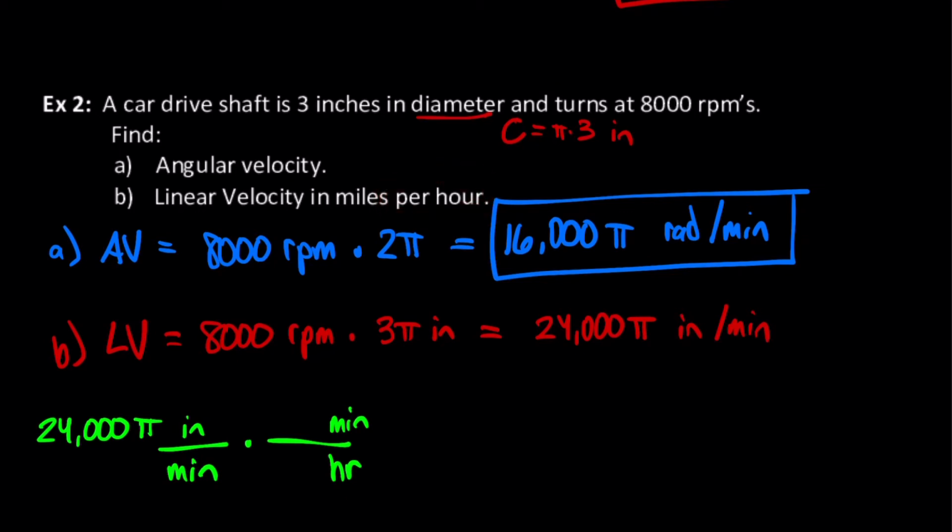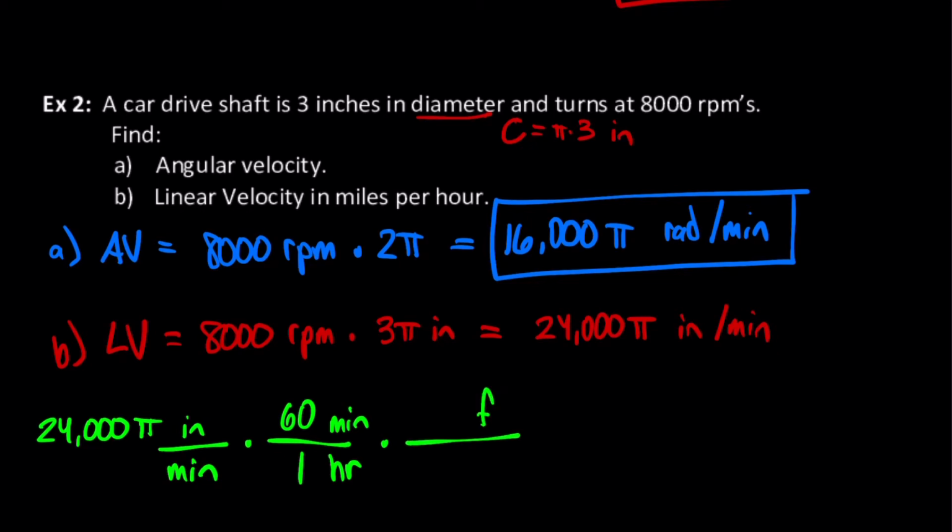Okay, well, how many minutes are in 1 hour? That's 60 to 1. So this would be a 60 here, and that'd be a 1 there. So now this would be, because the minutes cancel, inches per hour. Now I need to convert from inches to miles. You can do that in one step if you know how many inches are in a mile. I don't. So I convert first to feet and then feet to mile.